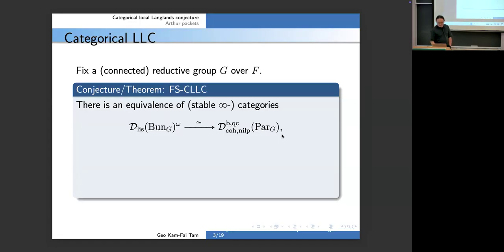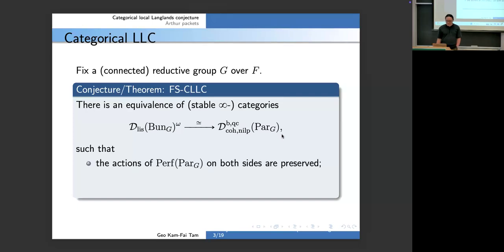So this equivalence has some properties. Perf Par_G is the subcategory of the right-hand side that contains the so-called perfect complexes. I think it's about the complexes that are cohomologically bounded and projective.